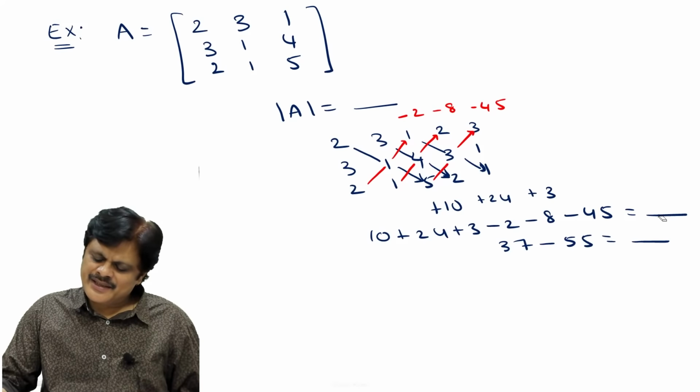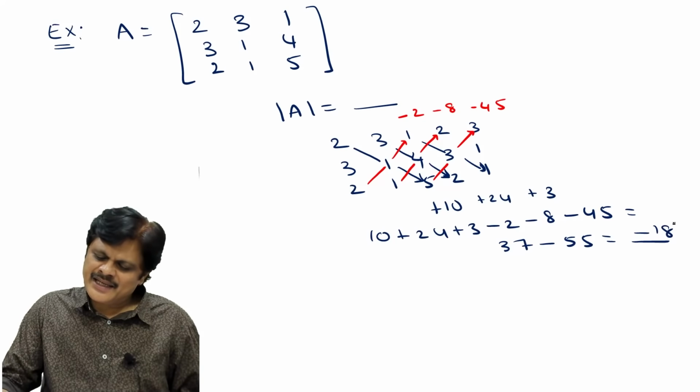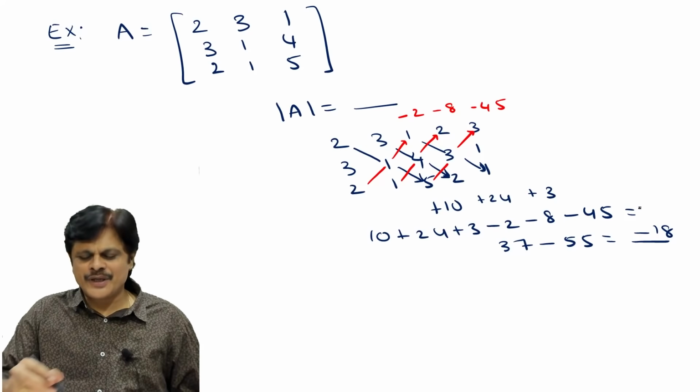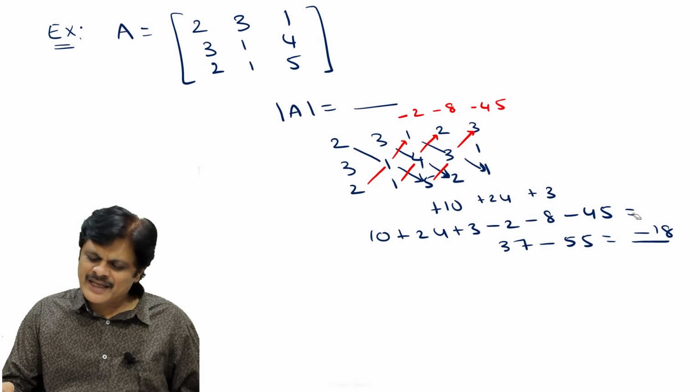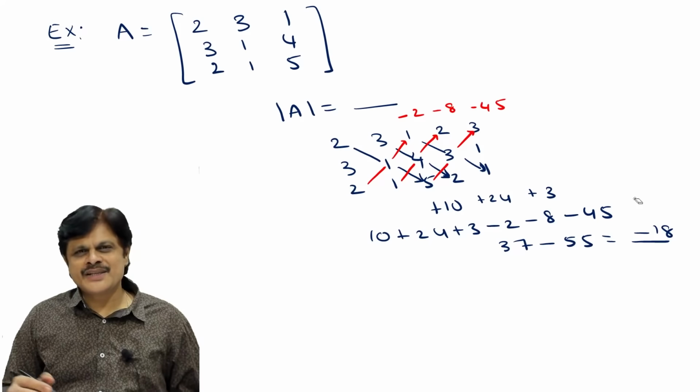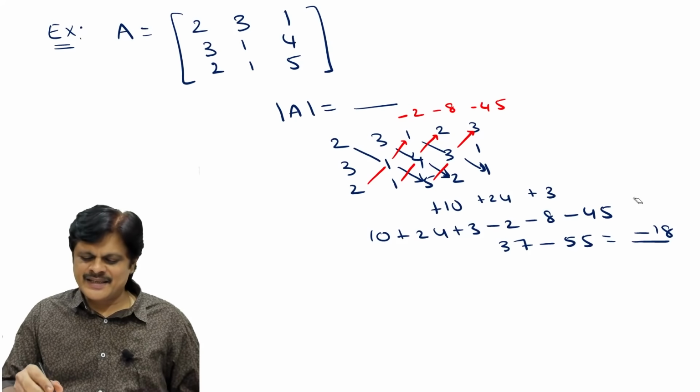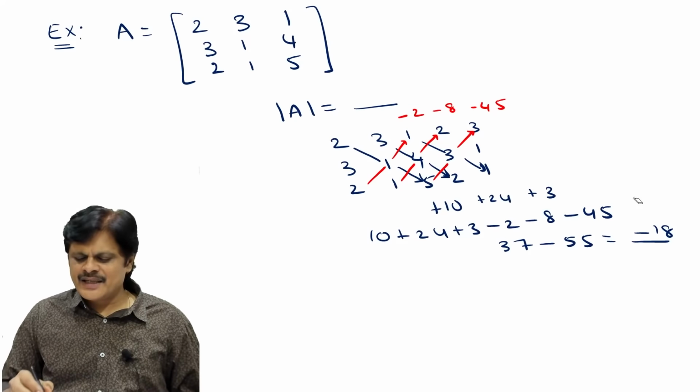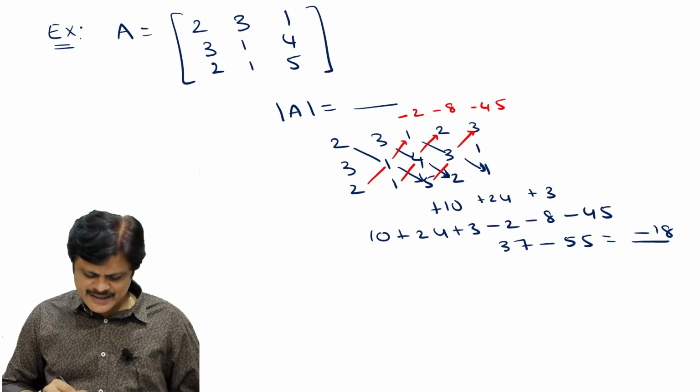So what is the answer? Minus 18 is the answer. If you want, you can directly verify it. That is how we get the answer. This is one technique, and there is a variation for this that we discuss now.